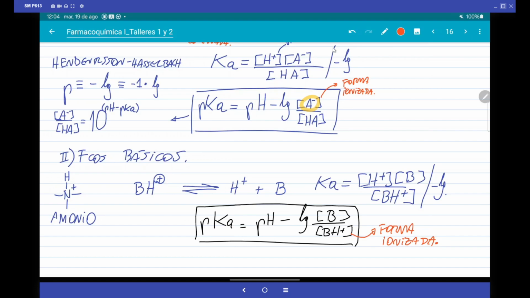It was upside down, and therefore the exponential form of this would be, clearing, B divided by BH plus is equal to 10 raised to pH minus pKa. These are the two ways. This is the exponential equation, and above we have the other exponential equation, and with those we can work from now on.